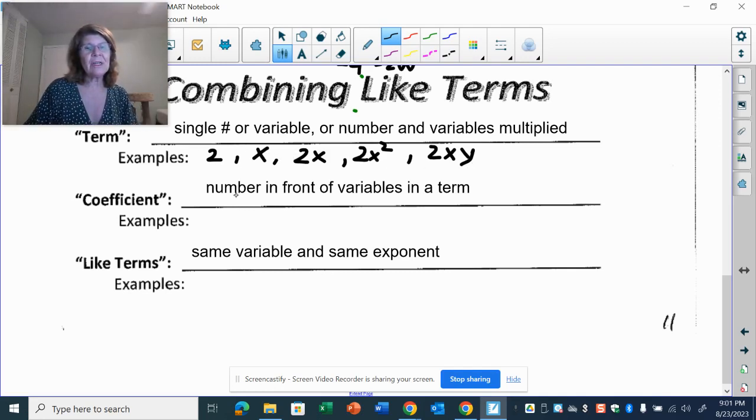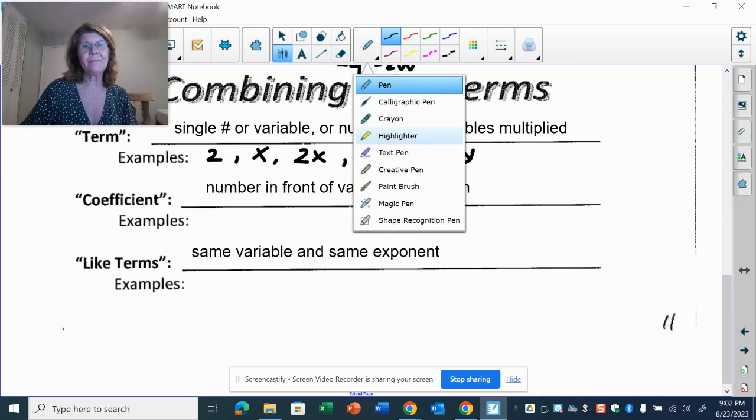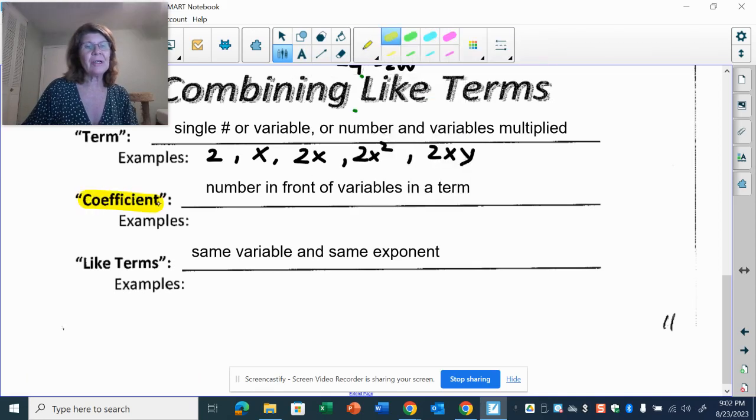The coefficient is the number in front. In all these cases, the number in front would be a coefficient.